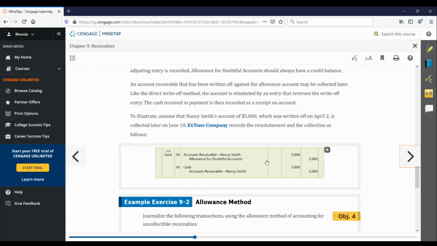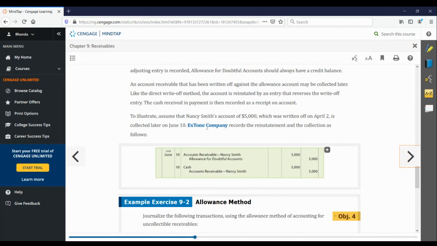I'd like to pay you the amount that I originally owed you. And so if that happens, we'll gladly accept their money. But what we're going to have to do is reestablish the accounts receivable for that customer account that is going to pay us after we have written off an account previously.